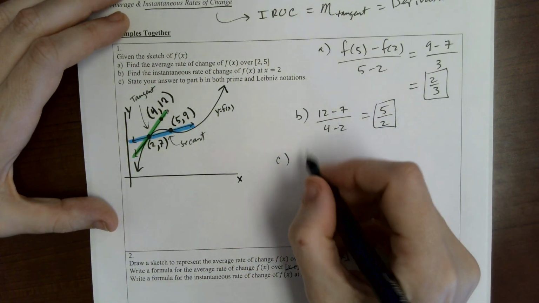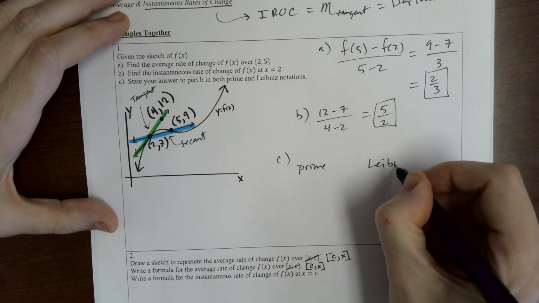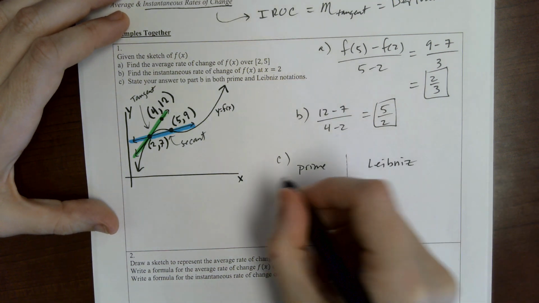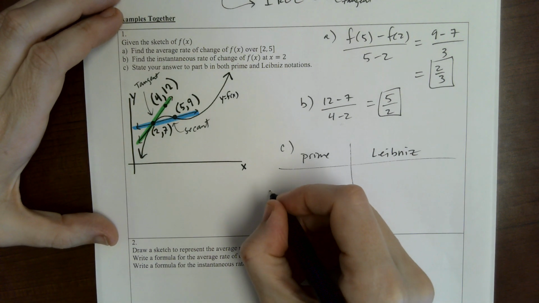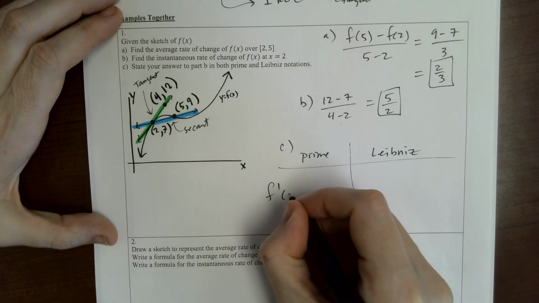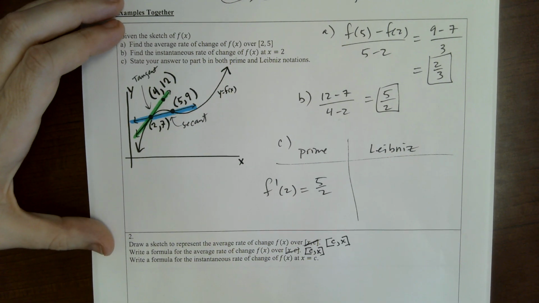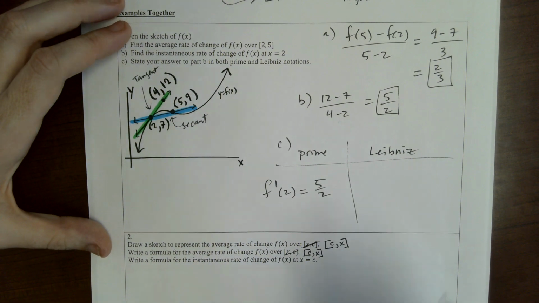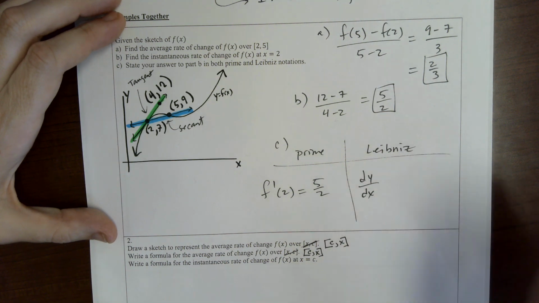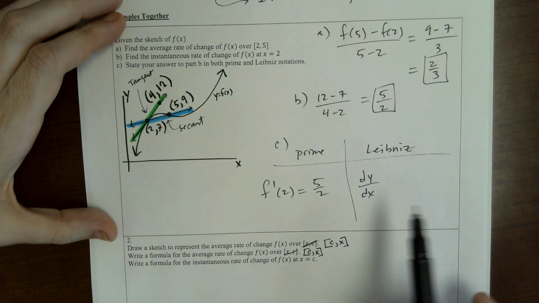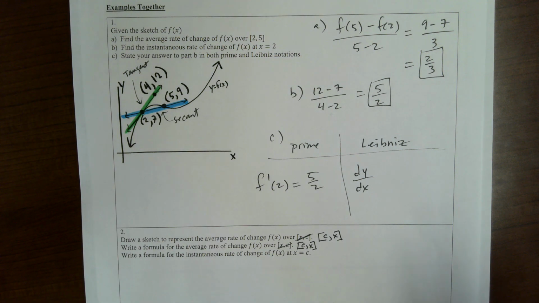So prime, and then Leibniz. We'll just go like that. Okay, so in prime notation, part B is f prime of 2 equals 5/2. All right. In Leibniz notation, it goes dy dx. Okay, so think of delta y over delta x, that's a way we think of slope.